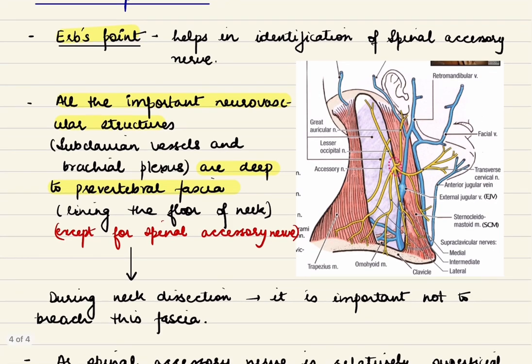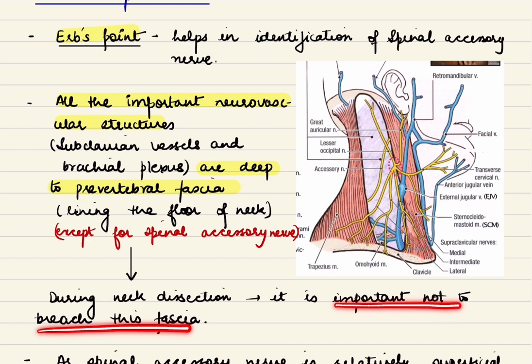Another important point is that all the important structures, namely the subclavian vessels and the trunks of the brachial plexus, lie deep to the prevertebral fascia in the floor of the posterior triangle, and only the spinal accessory nerve lies superficial to it. So when we are doing a neck dissection, it is important that we stay superficial to this fascia and do not breach it.